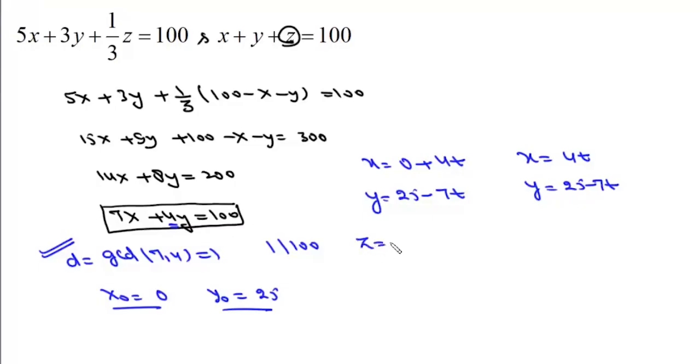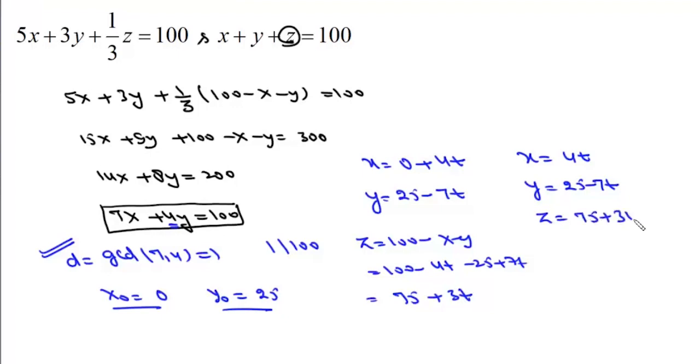And this z is nothing but 100 minus x minus y. So it will be 100 minus 4t minus 25 plus 7t. So it will be 75 plus 3t. So the value of z is 75 plus 3t.